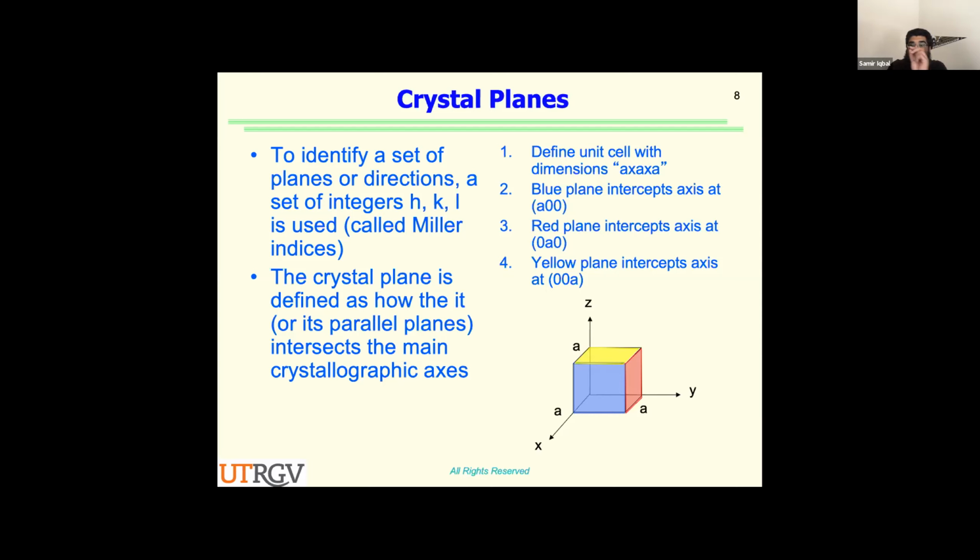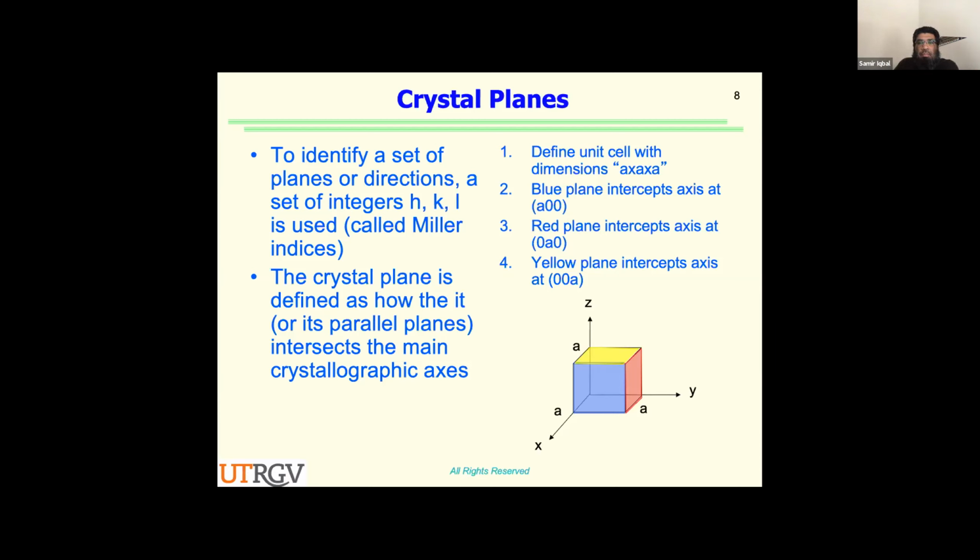But for that point, Y and Z are infinite because it never intersects Y and Z at all, right? So we can call that point A, infinity, infinity. That's what it says here. Now, number 2, the blue plane intercept on X is at A, 0, 0. Oh, sorry, we'll flip it next step so it becomes infinity.